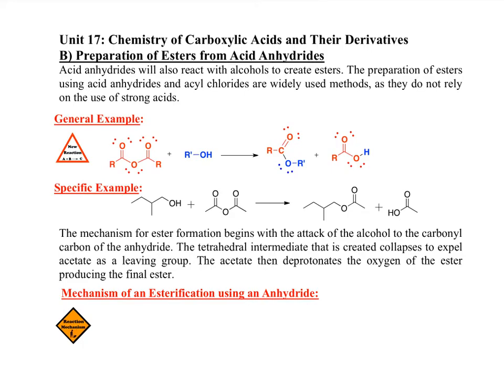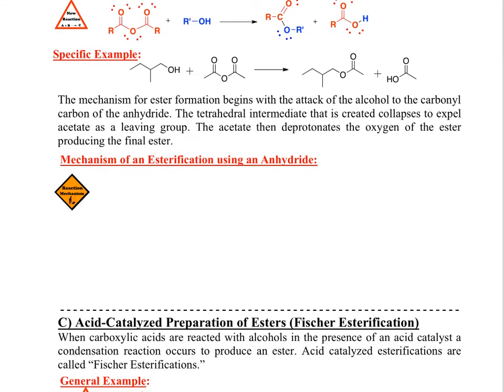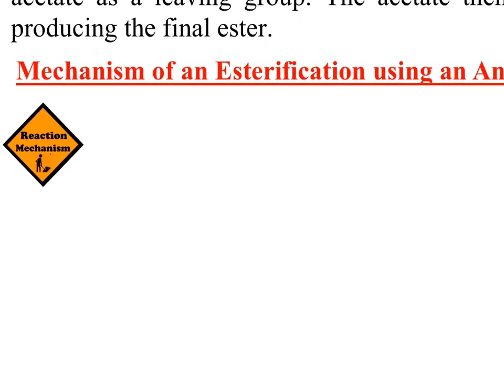So again, the mechanism for this process is the same as we've seen before, except in this case we're going to have a much larger leaving group, right? We're not going to have a chlorine being expelled, we're going to have an acetate anion being expelled. So if we draw this out, again we'll use a generic anhydride, shown here.